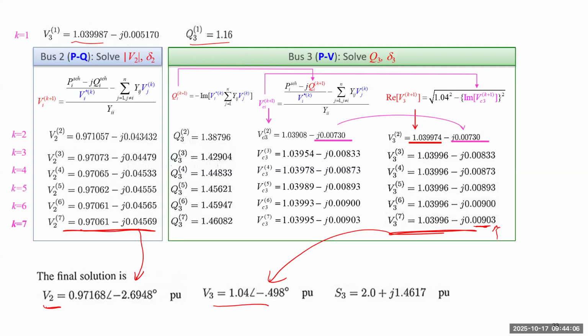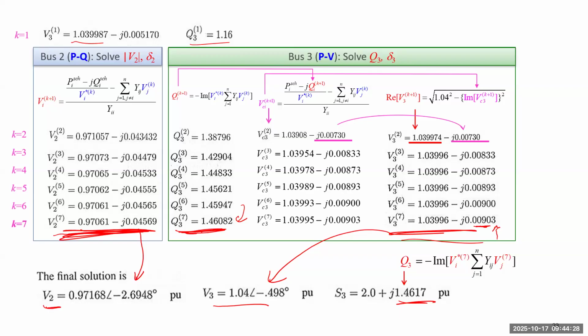But for Q3, this Q3 is actually calculated from the previous iteration. Since we already have the more accurate V2 and V3 after the 7th iteration, we'll do one further step of update by using this formula again.